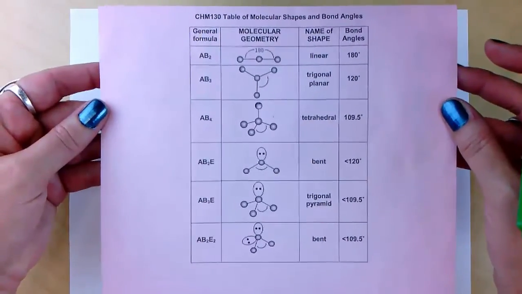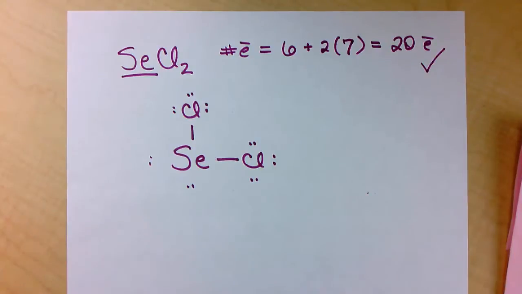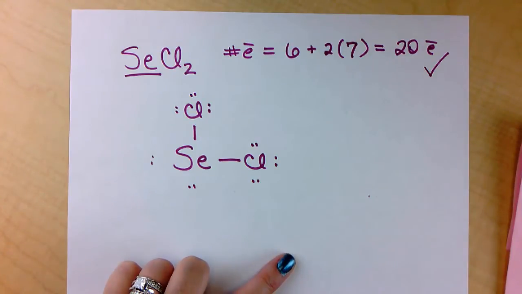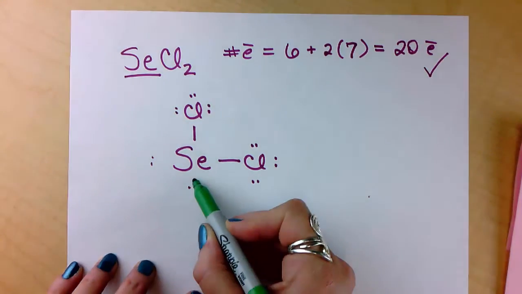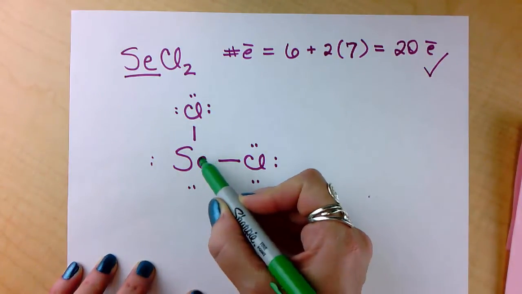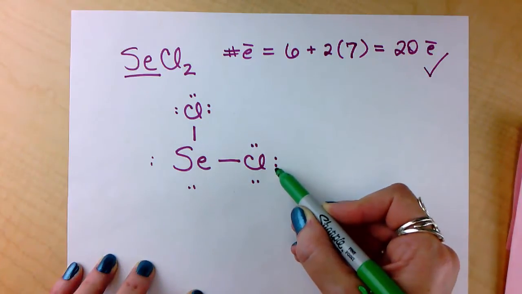It looks like this. To figure out a shape, we're going to figure out a generic formula for the molecule. A is the center atom, B are other atoms connected to the center, and E's are lone pairs connected to the center. So in other words, we're interested in these lone pairs connected to the center atom, whereas we're not concerned about the lone pairs on the outer atoms.